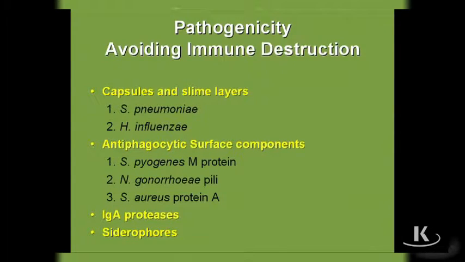For Neisseria gonorrhoeae, for Staph aureus, we have pili and we have protein A that function in an anti-phagocytic manner. Okay? IgA proteases clearly helping you get away from the immune system. And we said that any mucosal pathogen worth its weight is going to have an IgA protease. So you are going to see that as a very common theme as we move through.